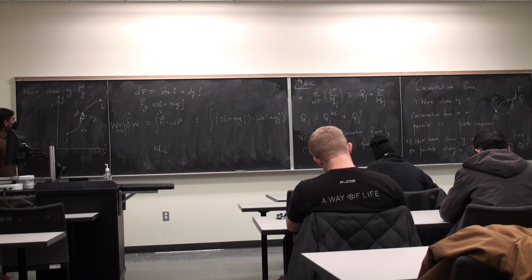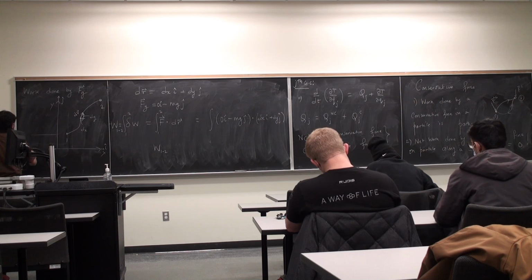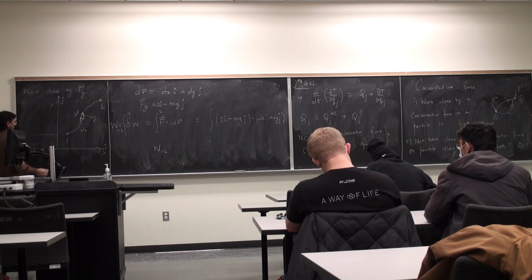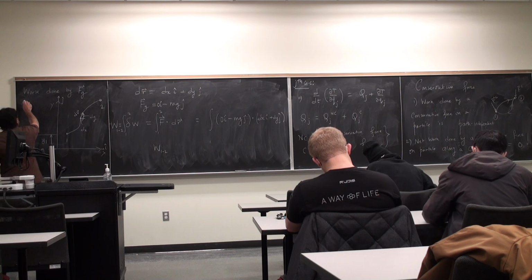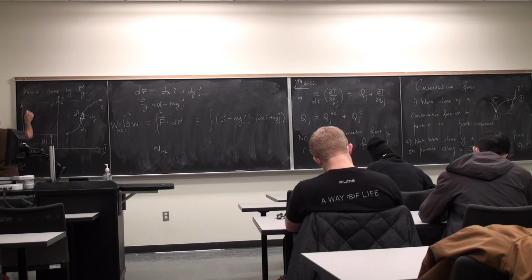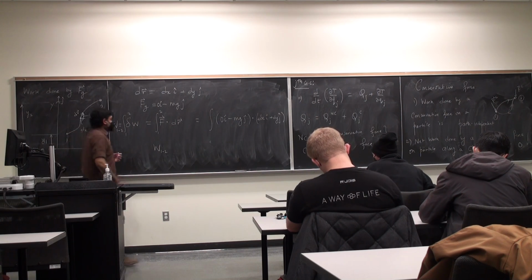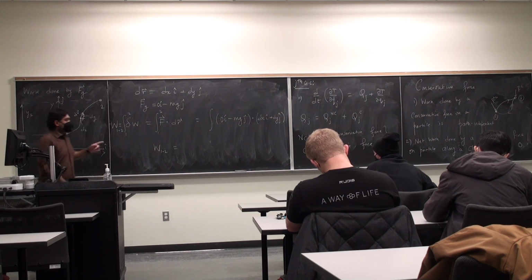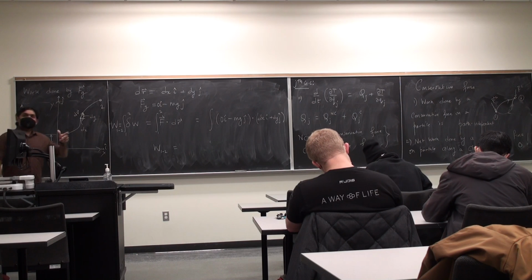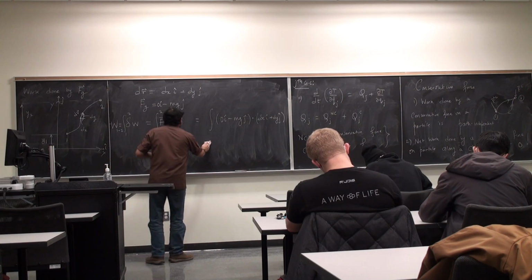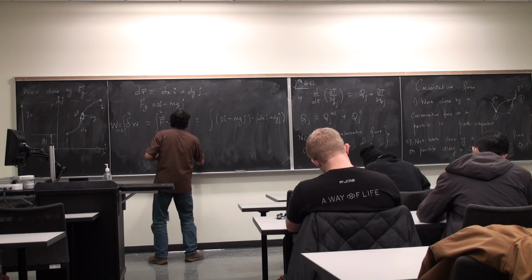Let's say that this is a datum. Point 1 is at a height y1 from the datum. Point 2 is at a height y2 from the datum. Then this quite simply becomes minus mg times the integral of dy from y1 to y2.